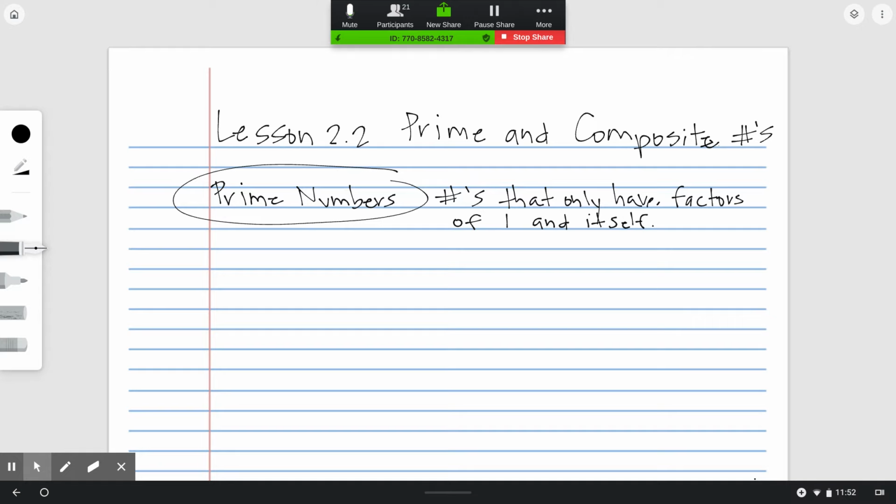Okay, so for example, when I am looking at numbers, we have been finding the factors of so many different numbers. Some numbers have lots of different factors or lots of different combinations. Some of them only have one group of combinations.